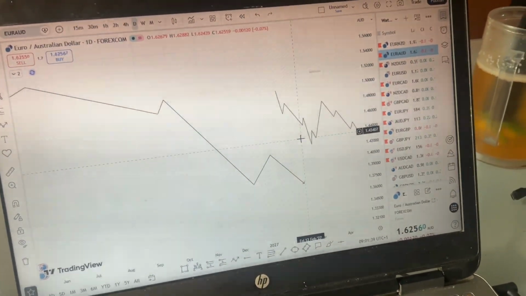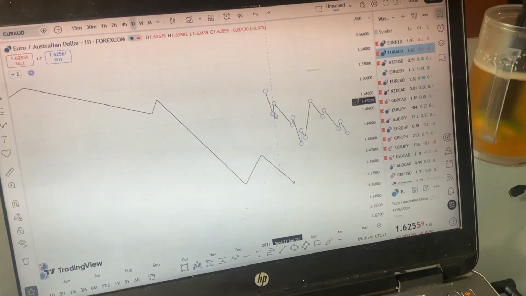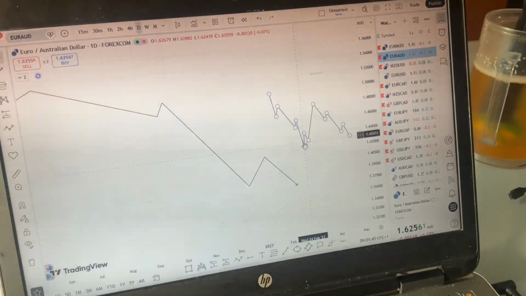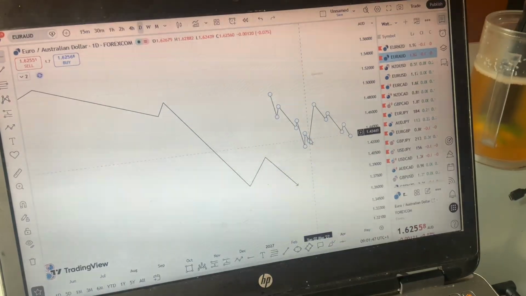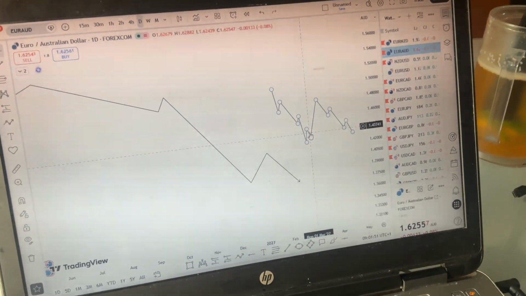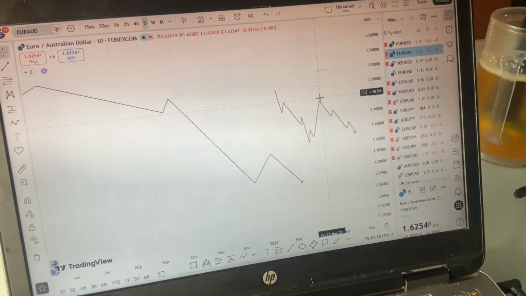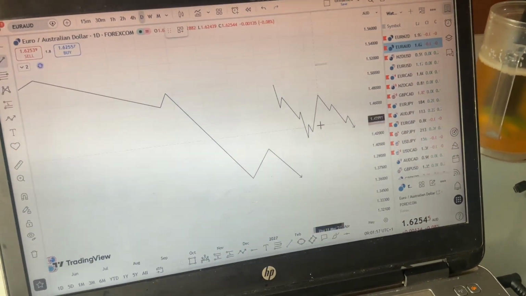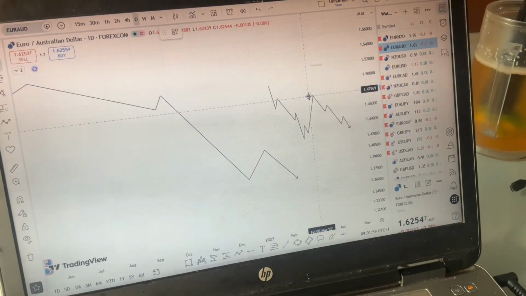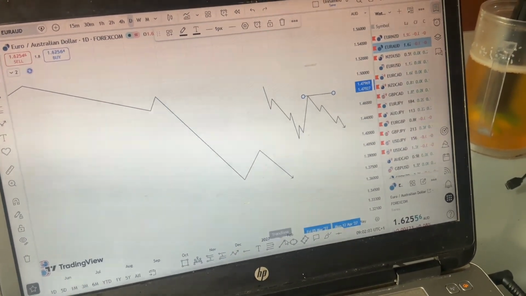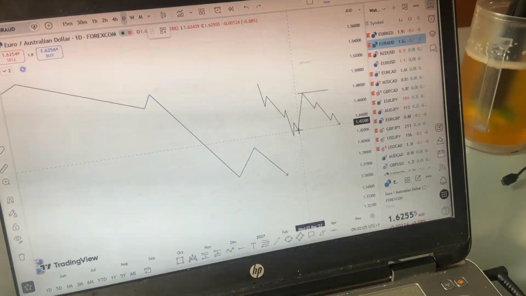So we can clearly see we were creating lower low, lower high, lower low, lower high, lower low, potential lower high, but did not create the leg to the downside. So we shifted bullish from here and created a higher high. Whenever we have a higher high, we need a higher low, so this becomes the higher low.